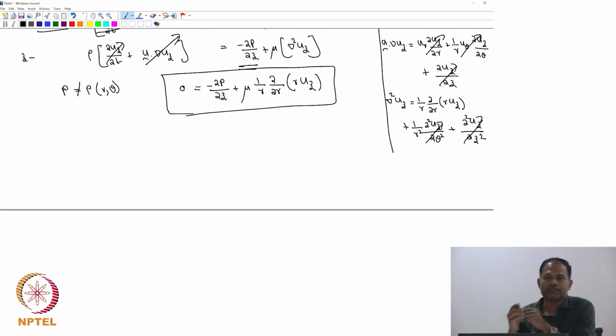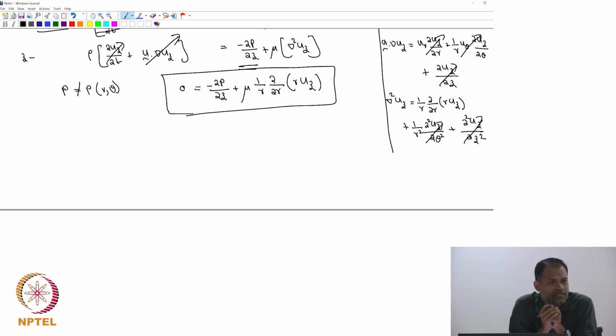Okay, so what kind of a differential equation is it, Mahir? Is this a partial differential equation or an ordinary differential equation?